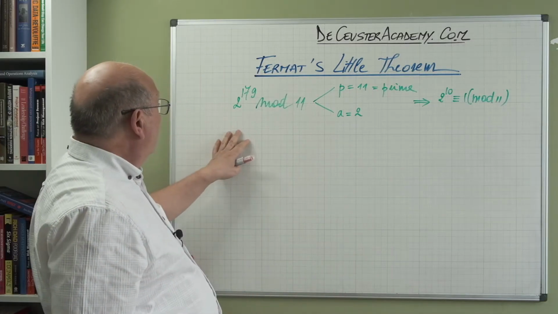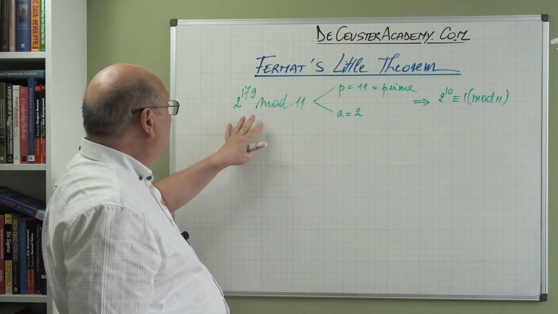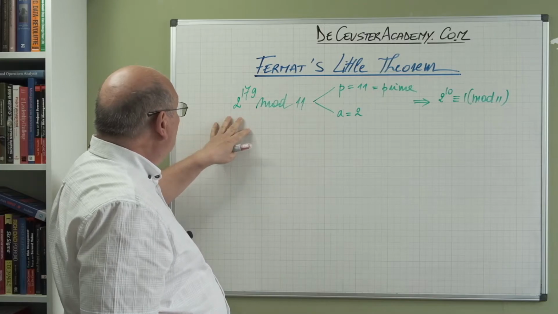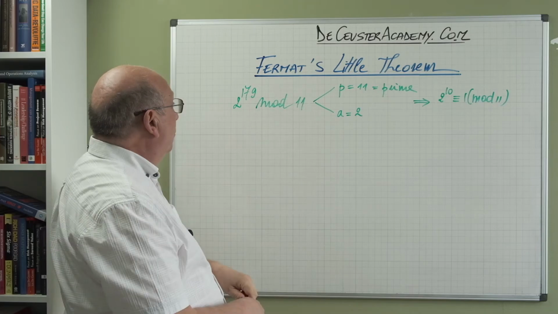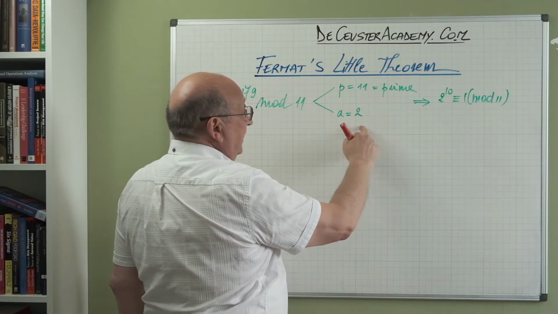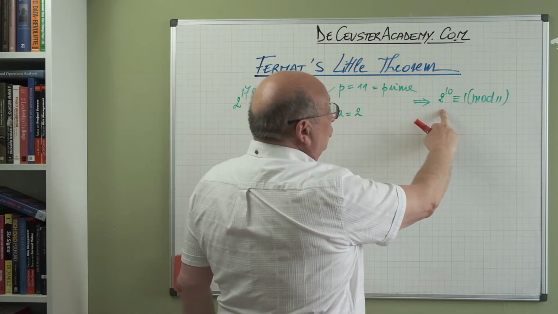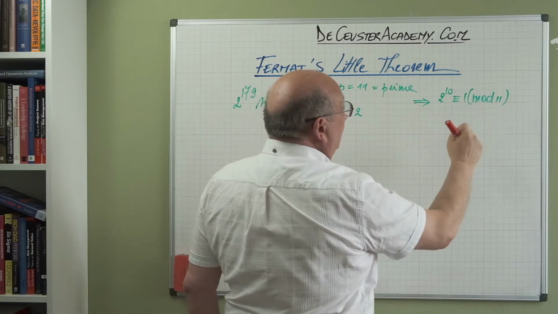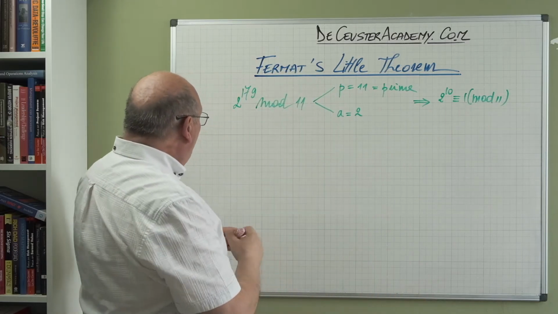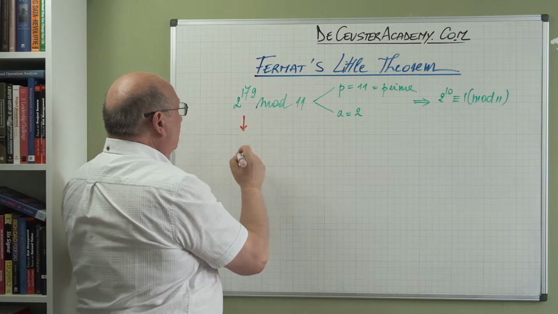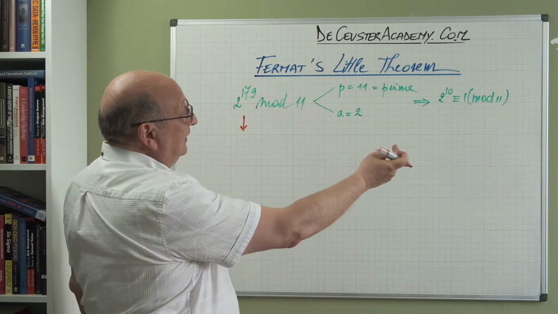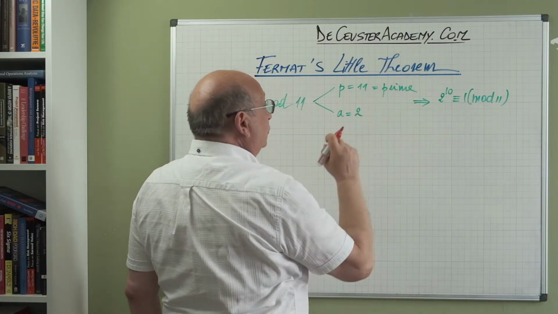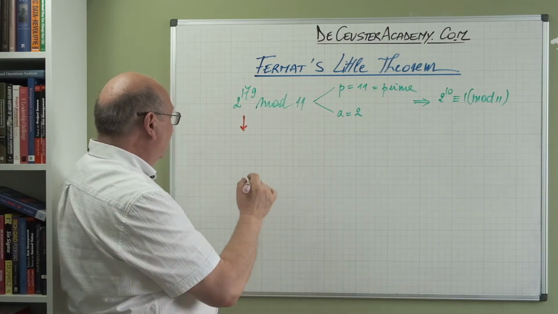We have the result from the previous calculations. So we know that for 2 to the power 179 modulus 11, with p prime, 11, and a is 2, we can say that 2 to the power 10 is congruent with 1 modulus 11. Now what we can do is to look at 179 and see what it gives when we express it in powers of 10.